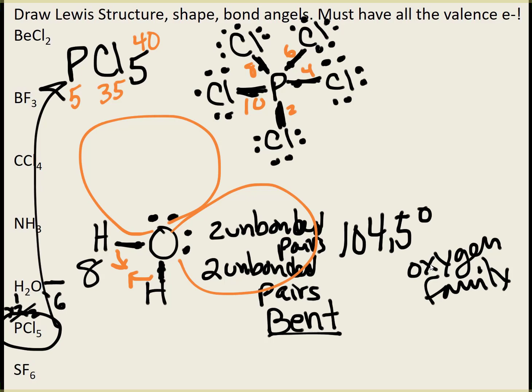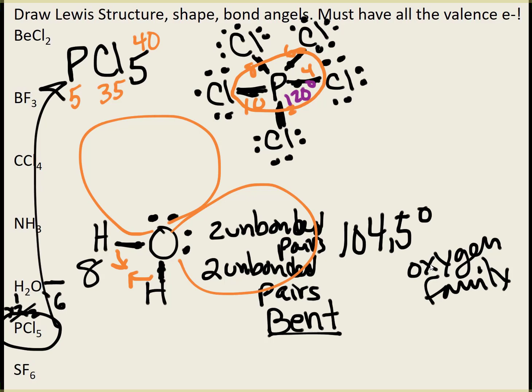Let's look at the shape. So this shape, I end up having 3 go around in a ring. So these ones are on a plane, okay? And they're all at a distance of 120 degrees away from each other.